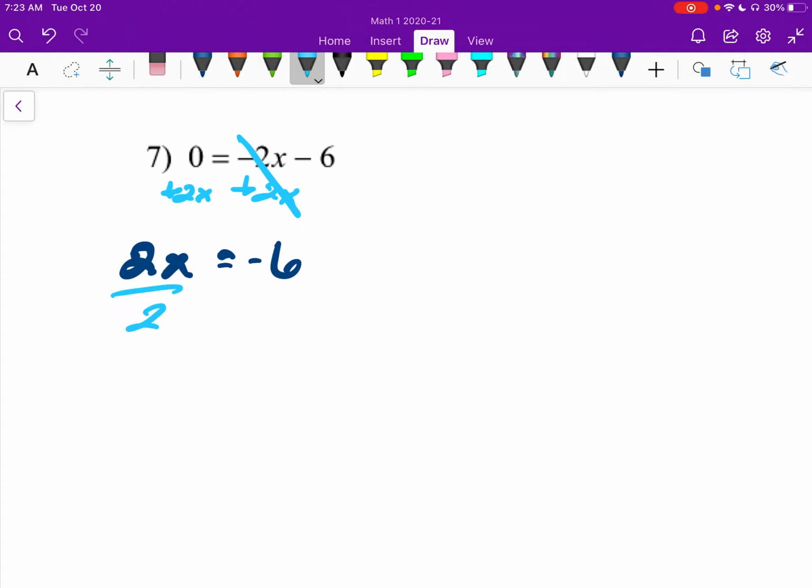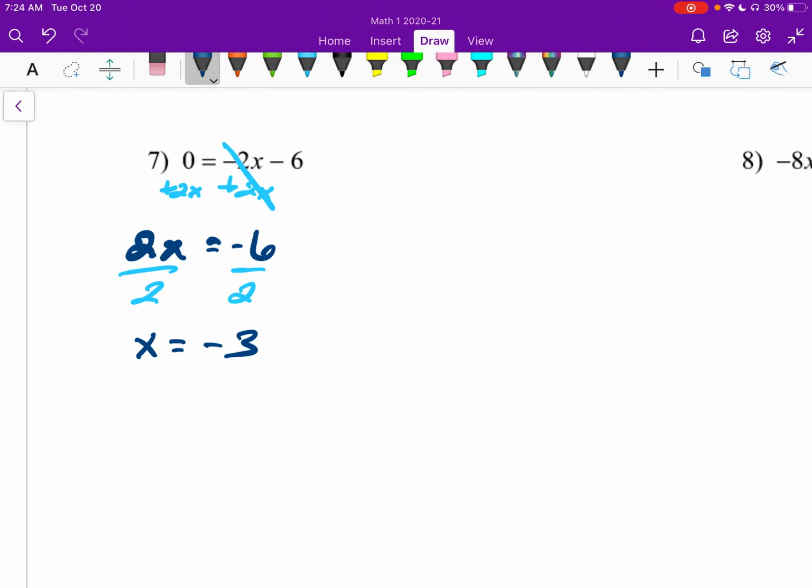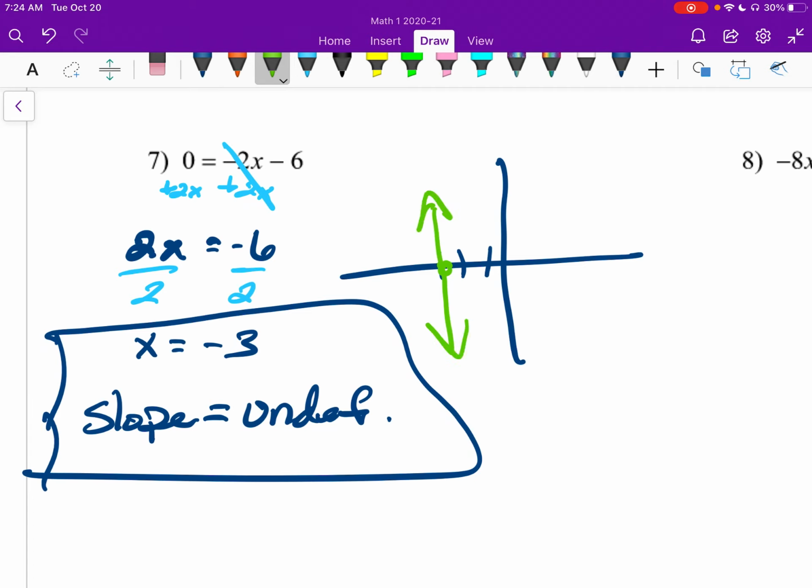And now I'll divide by 2 on both sides, and I get x equals -3. Now, what would the slope of this line be? Well, this is a vertical line, so it's undefined. Right? That's a vertical line. If you were to graph it, it would look like something like that, where this would be your x, this would be your y.